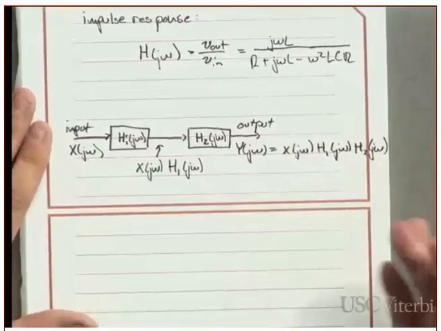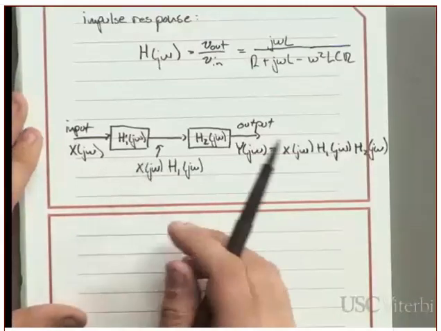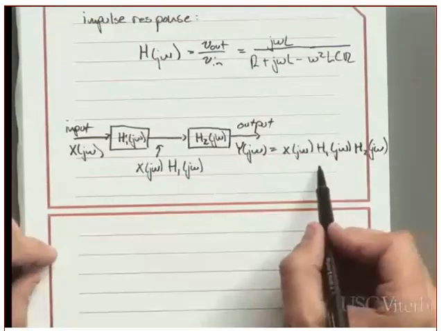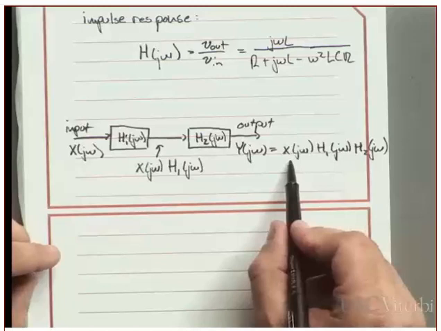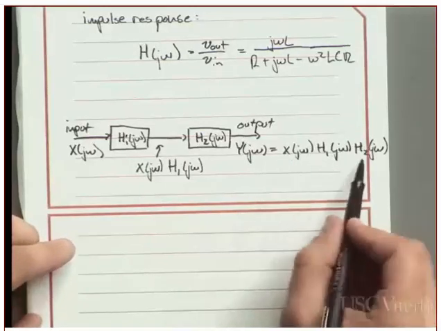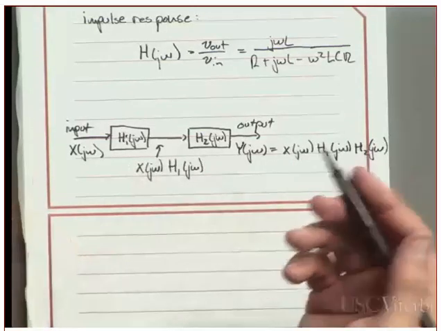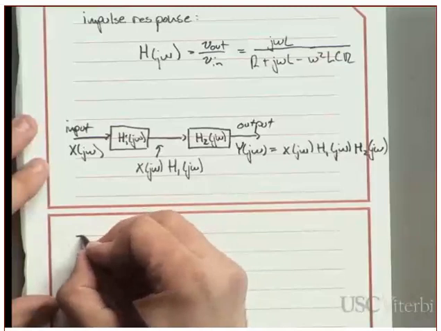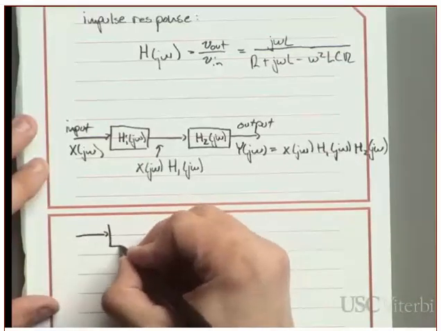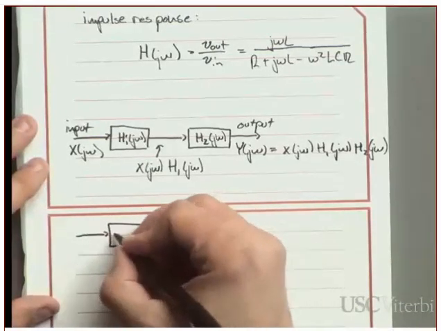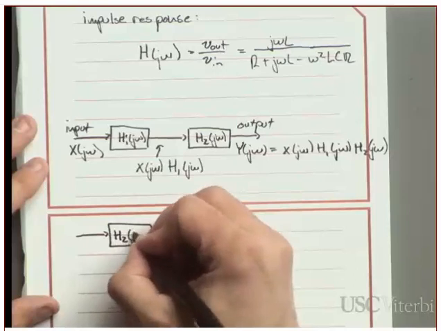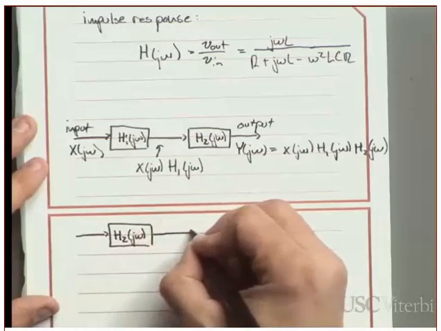Now the point in showing you this is to remind you that if I have two LTI systems, I can reverse their order, because down here in the frequency domain, I've just got a product of all three: the input, the impulse response of one, the impulse response of the second. This system is equivalent to this system if I just switch the two LTI systems.